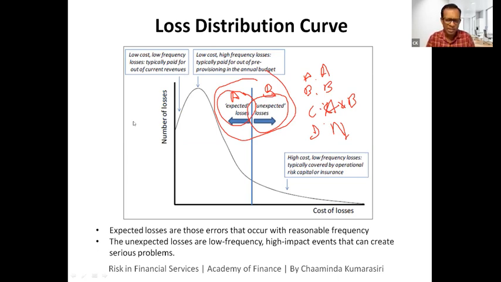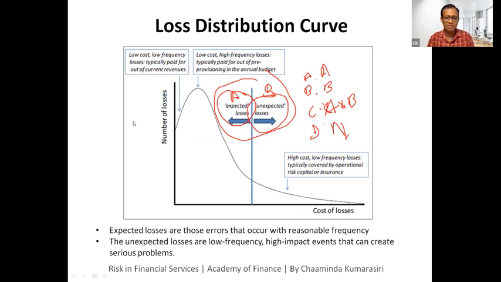Is provisioning a mitigation measure? If you provide for a loss, is it a mitigation measure? No. Why? What is mitigation? Mitigating is we are trying to minimize it from happening.